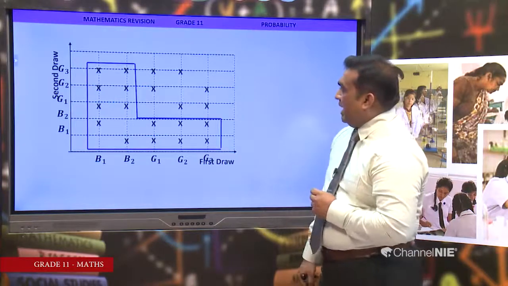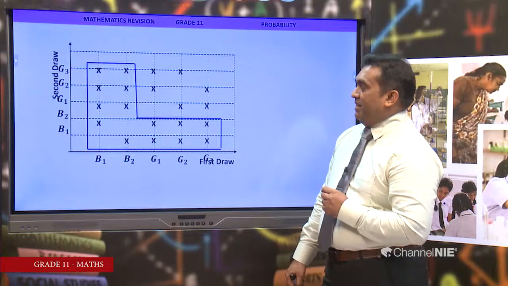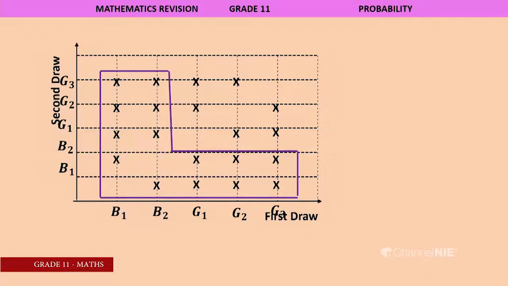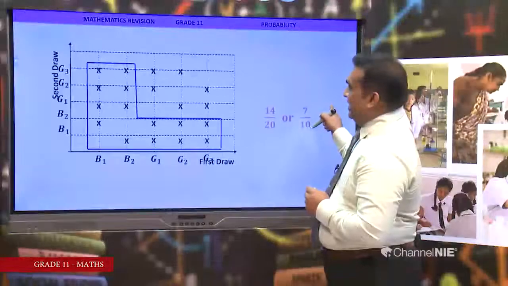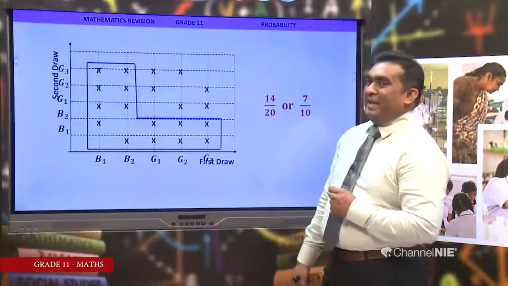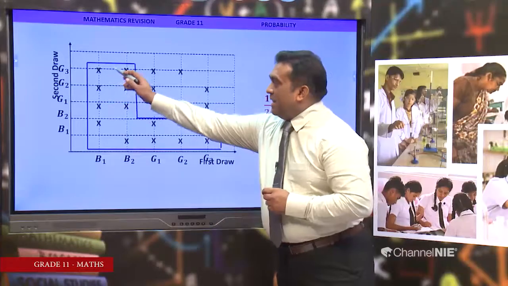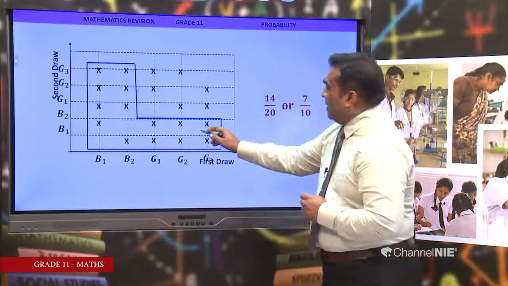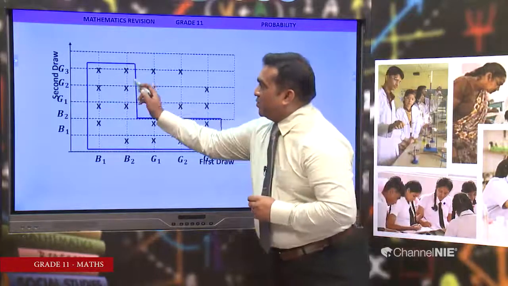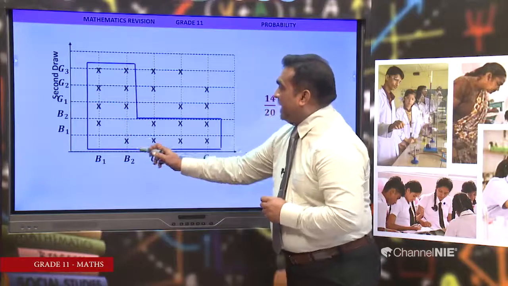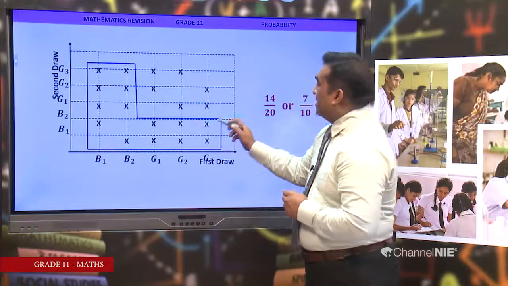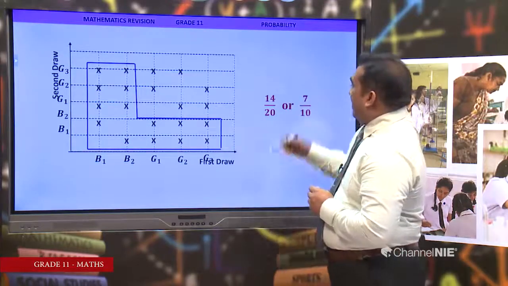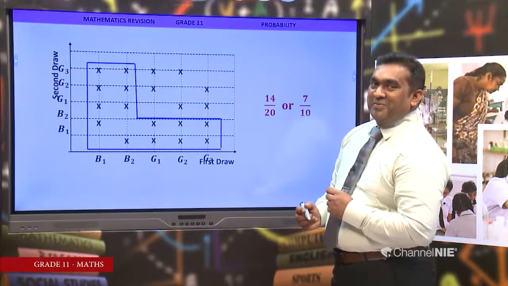Now, at least one burnt bulb. Here letter B. What is the probability? Number of elements in the closed plane figure 2, 4, 6, 7, 8, 9, 10, 11, 12, 13, 14. 14 over 20.